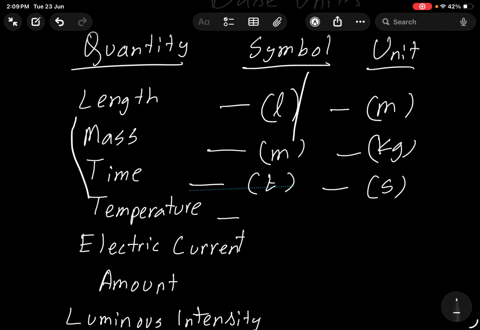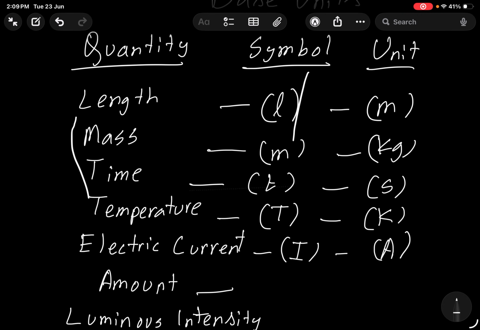For temperature, the symbol is capital T and the unit is Kelvin. Now why not Celsius? Because with Kelvin we don't have to use the minus, we can only use positive values. And then electric current, the symbol is I, and the unit is ampere, A. Now for amount, the symbol is N and the unit is mole.